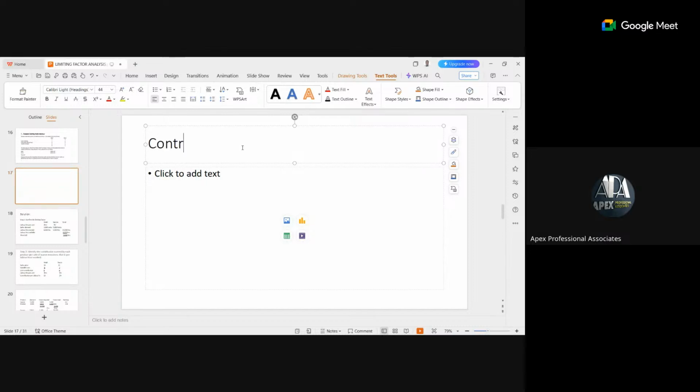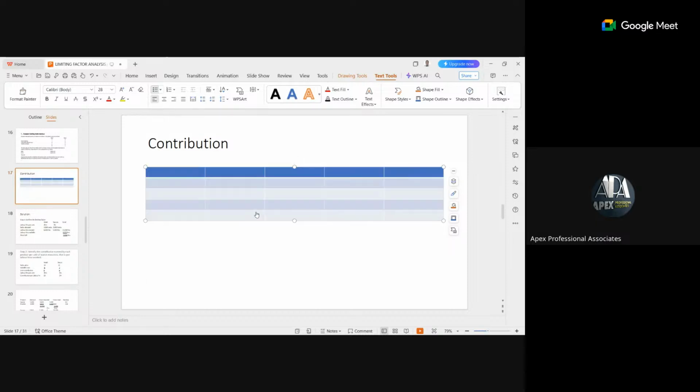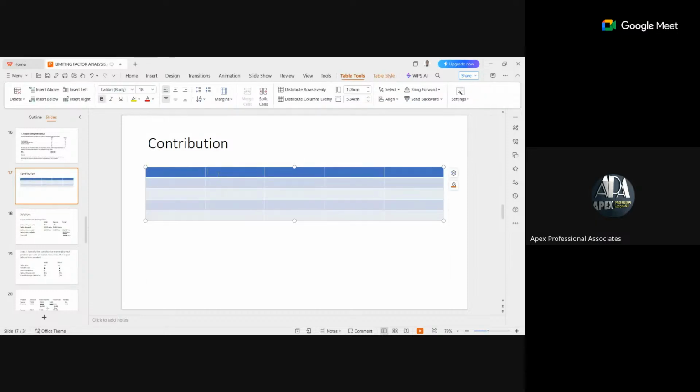To determine the contribution, we're going to work this way. We have mesh, we have source.